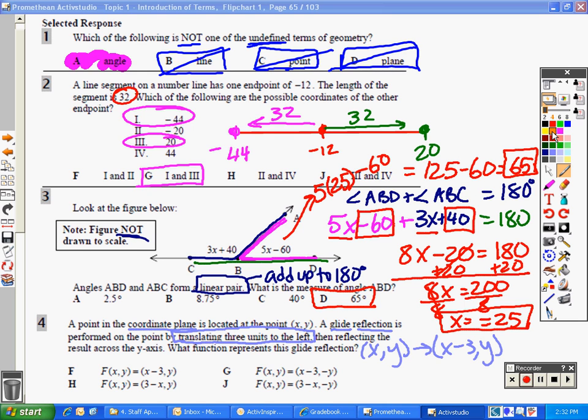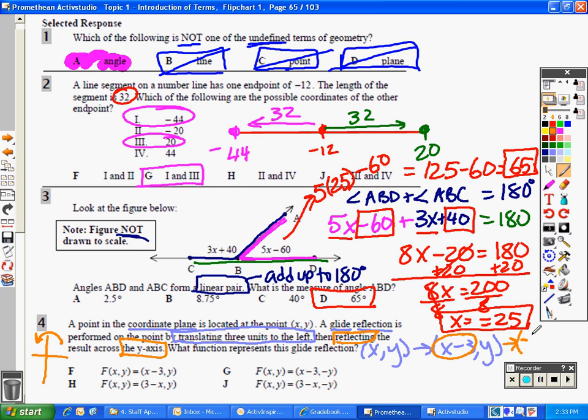Step 2 is we are going to reflect it over the y-axis. Now you need to know these rules. If I take a point and I reflect it over the y-axis, its x-coordinate changes sign. So if I take this and I go over the y-axis, my x-coordinate is going to change sign.